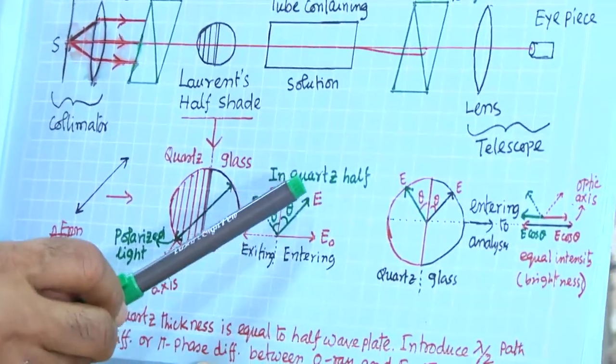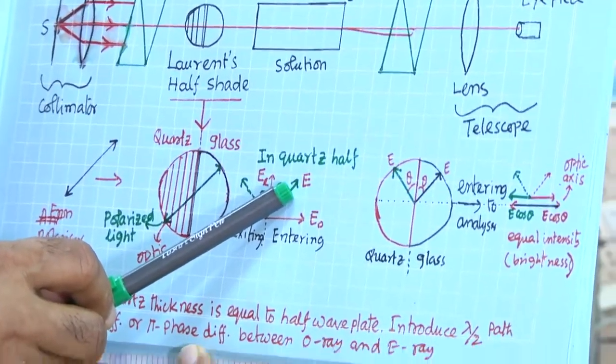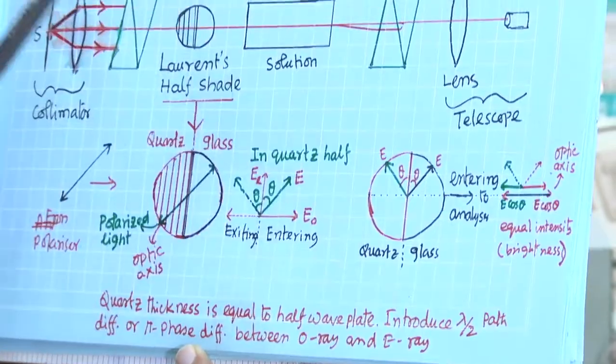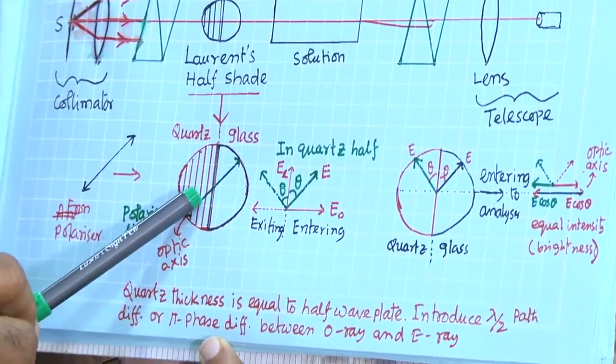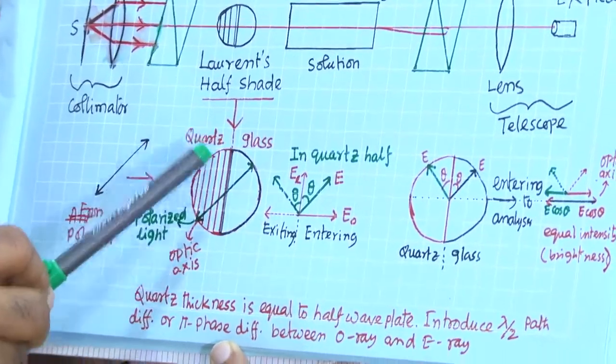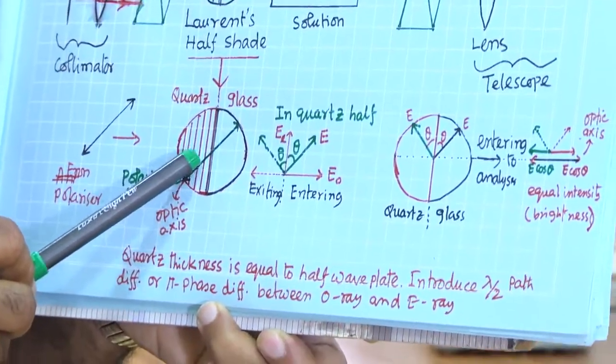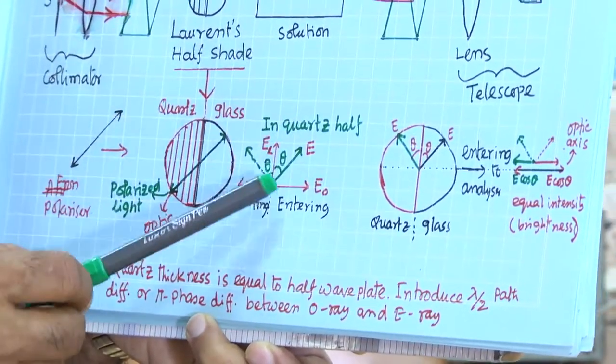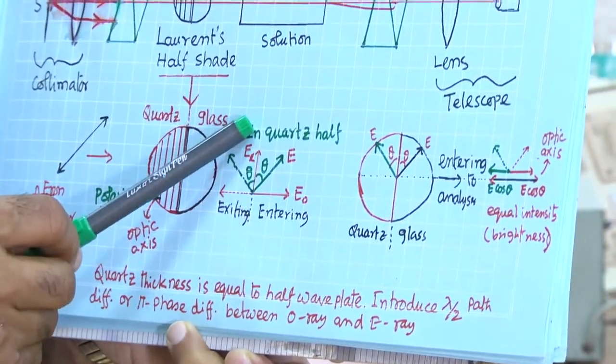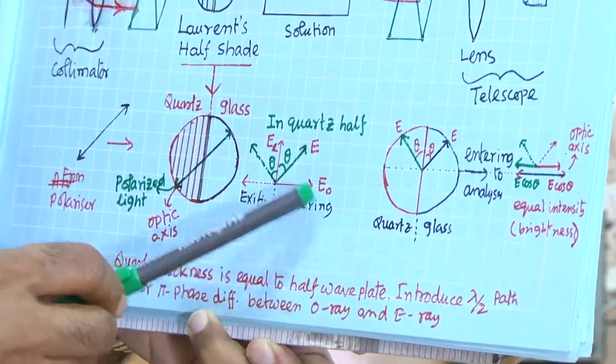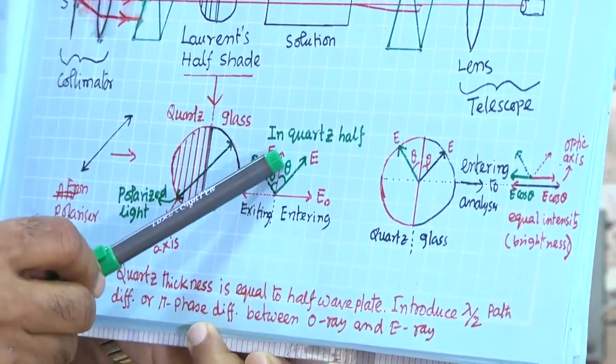So this plane polarized light ray, when it falls on the quartz part, will break into two parts, E ray and O ray.